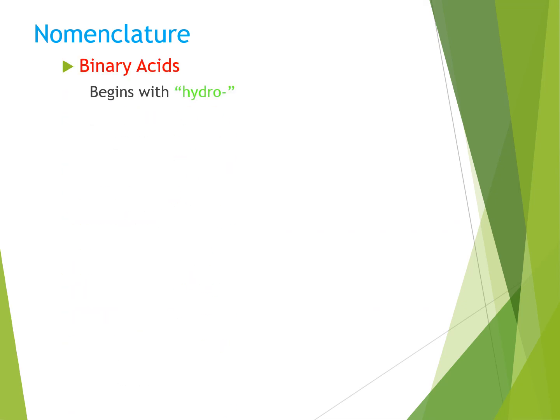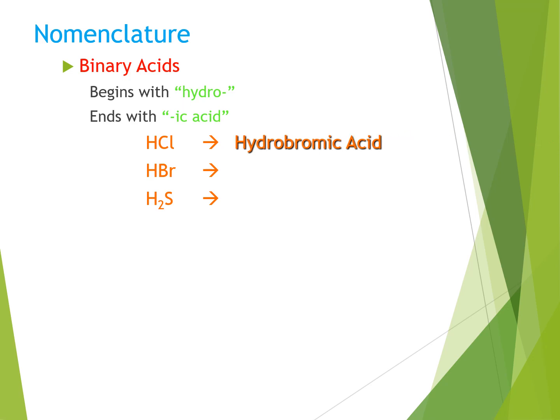Acids, we break into two categories. We have binary acids. This is hydrogen and one single element. And we start with hydro, we end with ic acid. So that's not right. Okay, flip those two. Hydrochloric acid, hydrobromic acid.